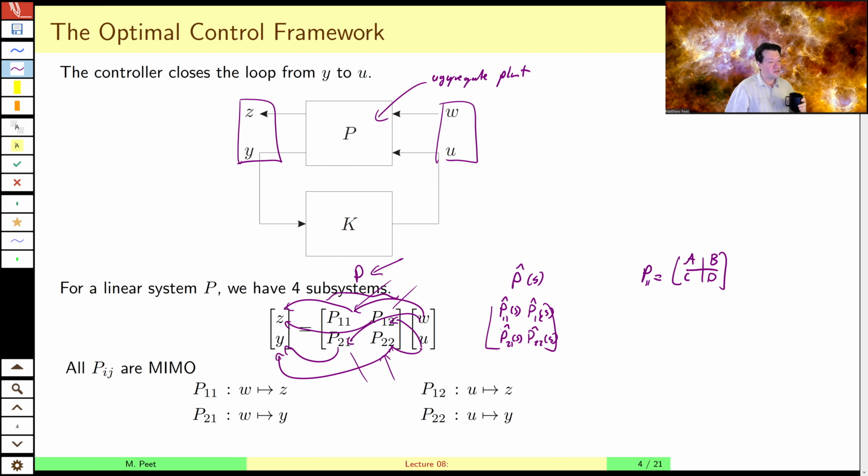One other thing to note before we move on to this next slide is that we write these systems, so our standardized framework for this feedback interconnection works from left to right. We write the outputs on the left, and we write the inputs on the right.